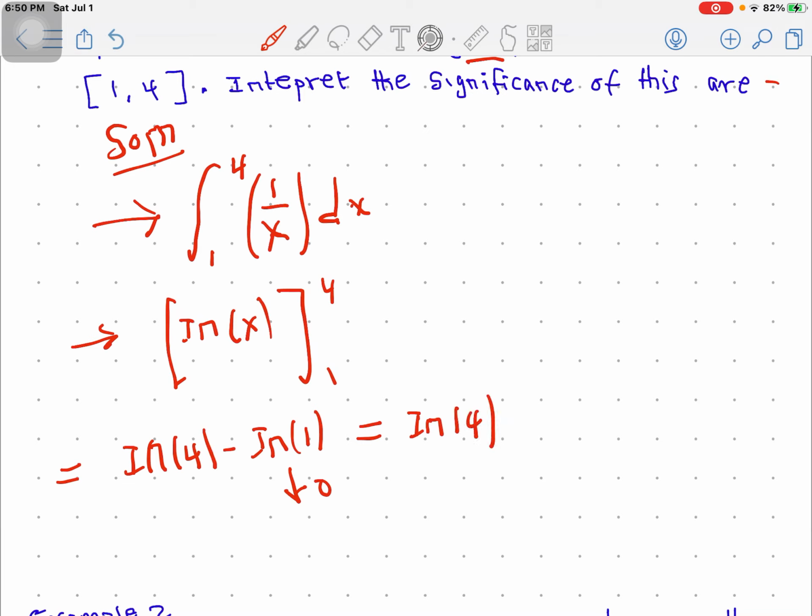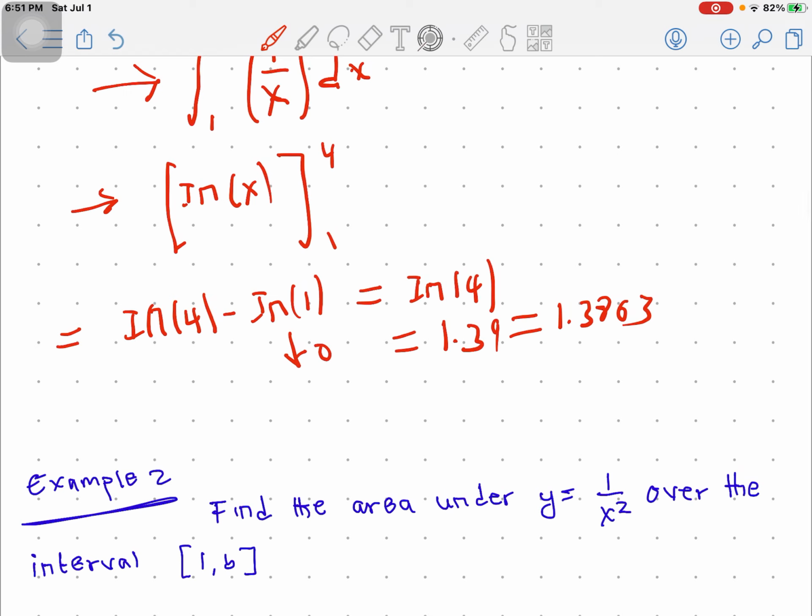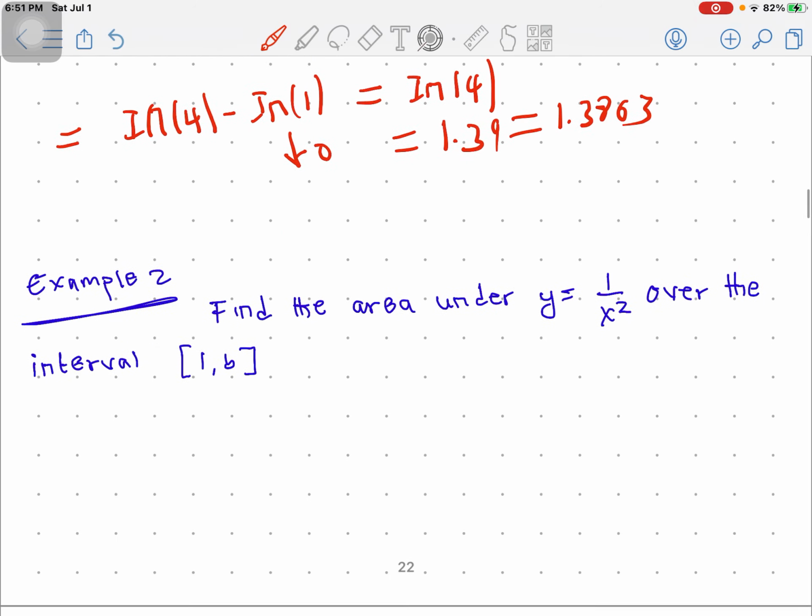When you take your calculator to type ln of 4, you are supposed to get something like 1.39 as an approximation, or you can go ahead to write up to 4 decimal places, which is 1.3863.